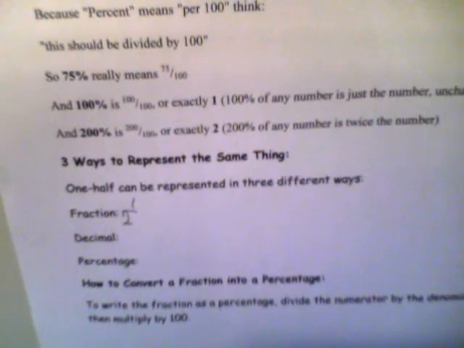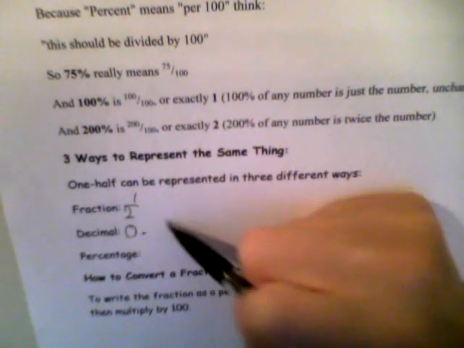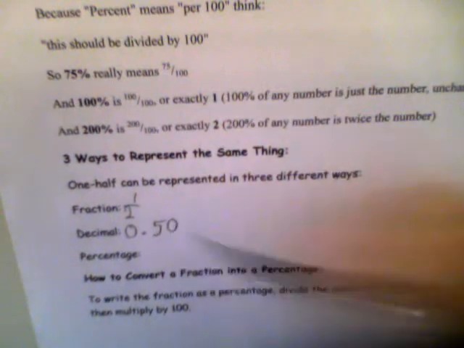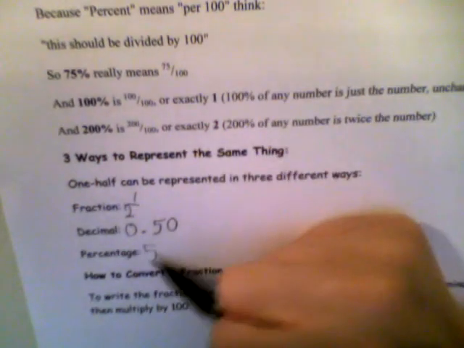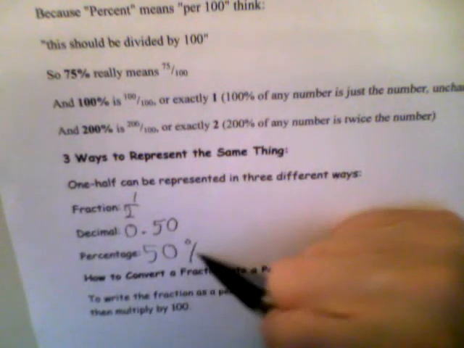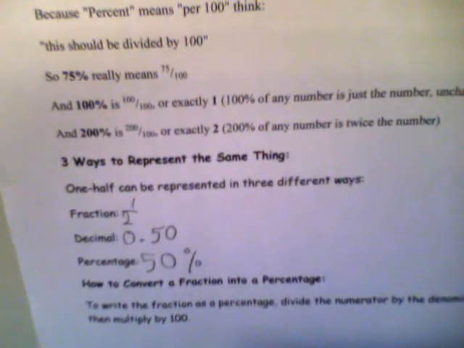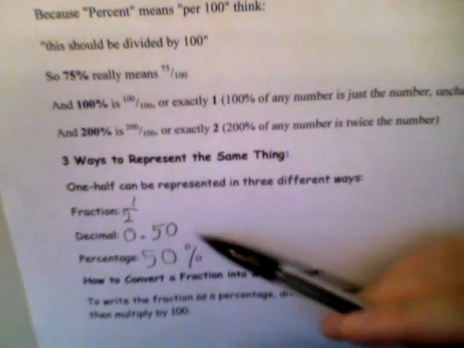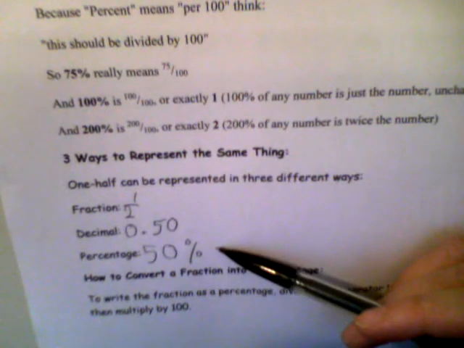As a decimal, 1/2 would just be 0.50. And as a percentage, 1/2 would just be 50%. So to recap, these are three ways to represent 1/2: 1 over 2 as a fraction, 0.50 as a decimal, or 50% as a percentage.